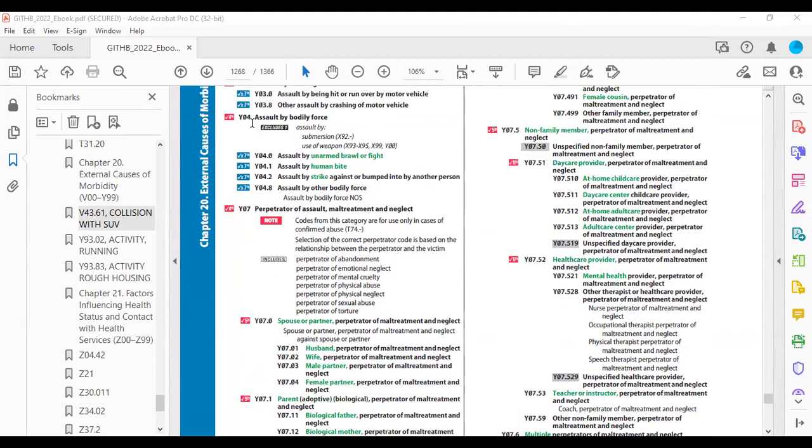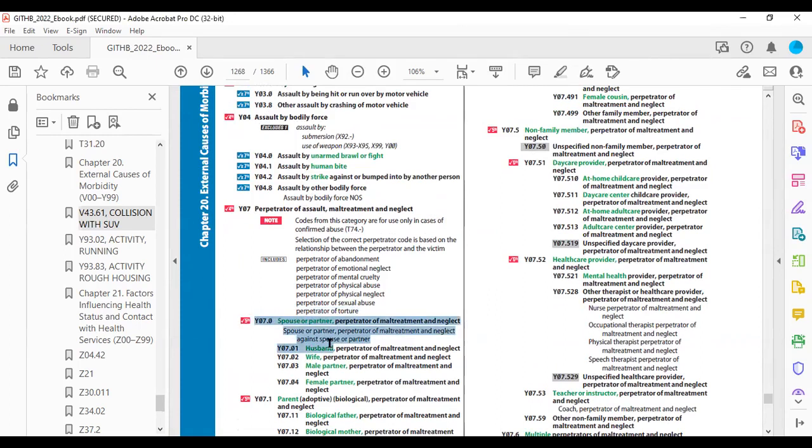Right, we have the Y04, assault by bodily force, human bite, all different types of things. We also have a category for Y07. In other words, who is the perpetrator of the assault, maltreatment, or neglect? Note what we have here. Could be a spouse.